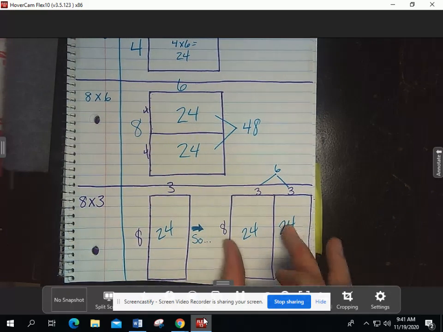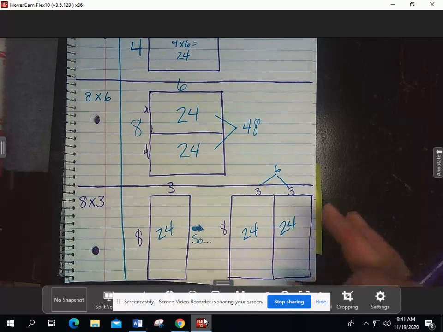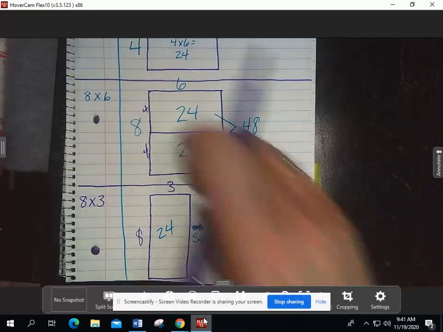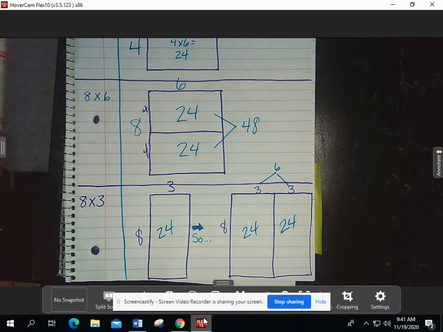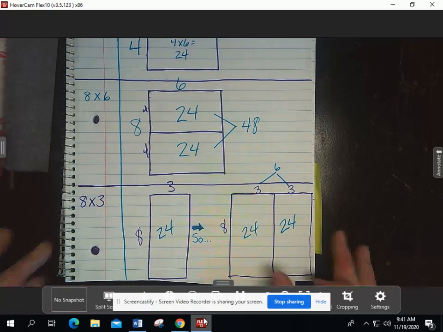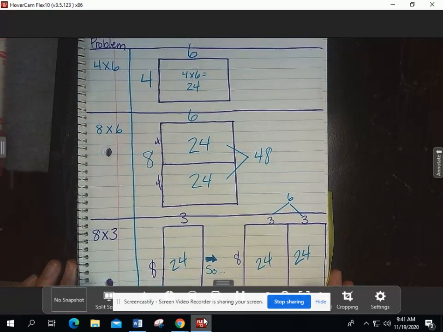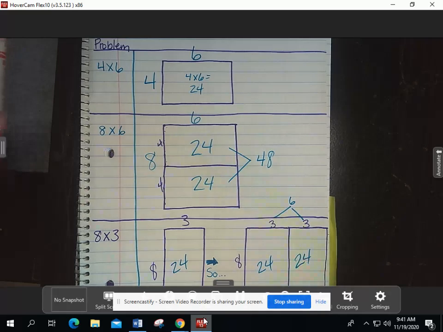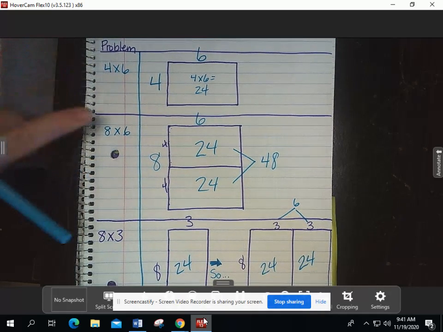So we know that putting these together is 48. So if you notice, this box and this box are pretty much the same size. It's just we have the lines going in the opposite direction. When we look at our problems, we doubled this factor.